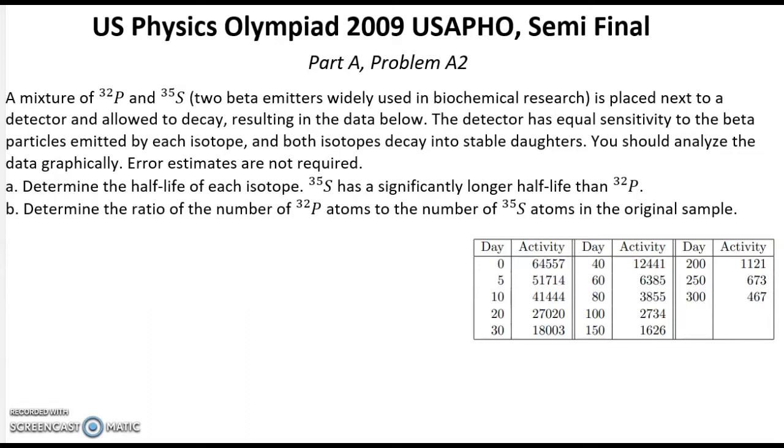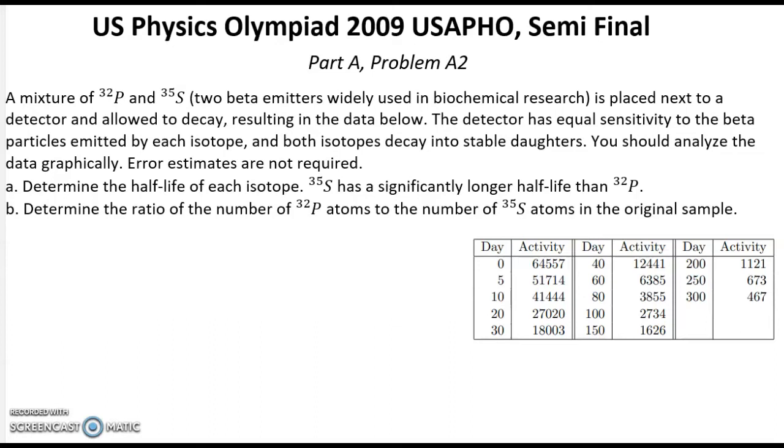The detector has equal sensitivity to the beta particles emitted by each isotope, and both isotopes decay into stable daughters. You should analyze the data graphically. Error estimates are not required.